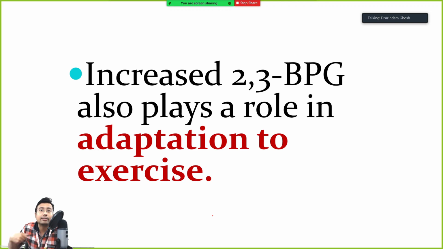Since you are doing exercise, the body now knows that we need to follow this metabolism. So 2,3-BPG will also increase during that time. On the first time there will be anaerobic glycolysis, so there will be generation of lactic acidosis. And the second time, if you continue the exercise at the same rate, there will be increased 2,3-BPG, the body will adapt, and now you can have aerobic exercise even if you are performing at the same rate.